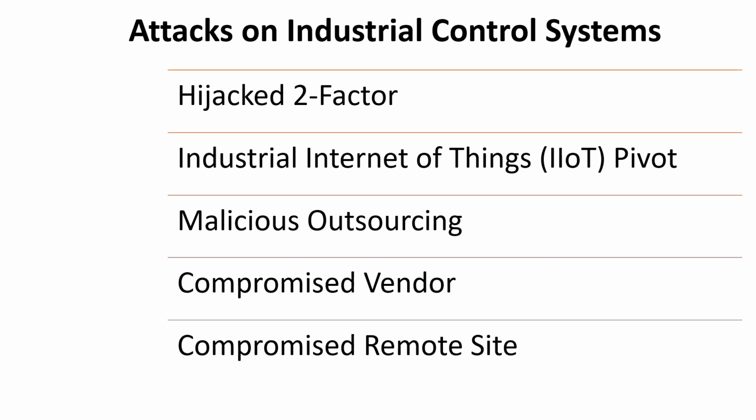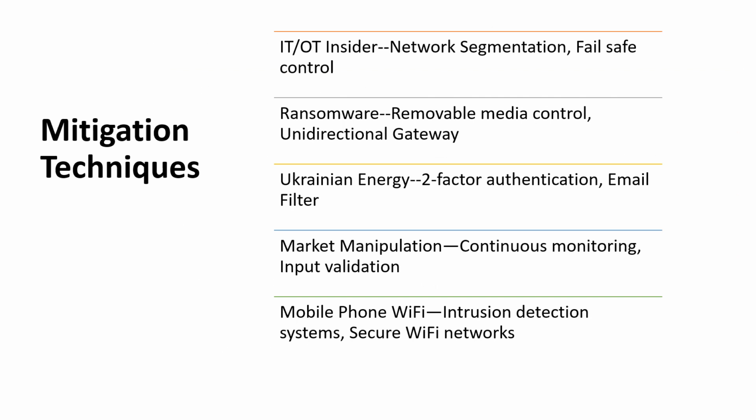The poorly defended vendor website may be compromised and could serve tainted patches for control system devices. Compromised remote site. A remote site that is not physically secured could be the source of malicious software that might propagate into the main network.